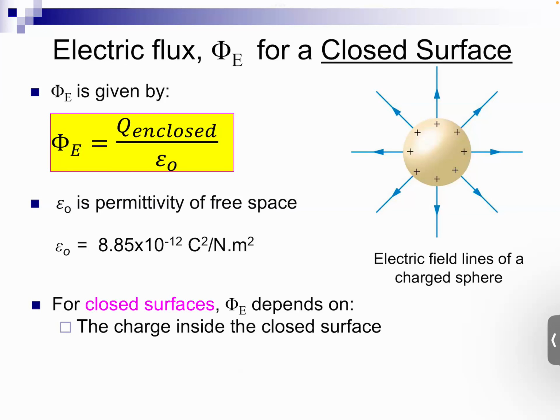If the charges are inside an object like the sphere shown here, you calculate the electric flux as the charge inside the surface divided by a constant called the permittivity of free space. In essence, the electric flux is determined simply by how much charge is inside your surface.